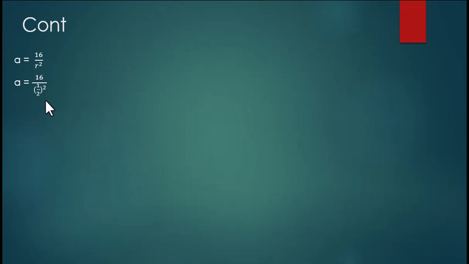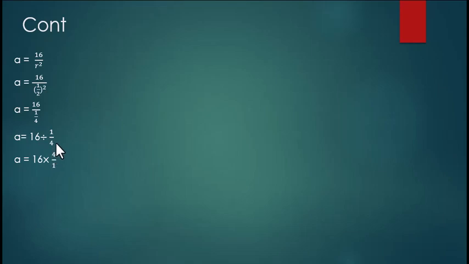So when we work out this, we're going to have 16 divided by 1 over 4. So 1 times 1 is 1, then 2 multiplied by 2 is 4. This is how we're getting 1 over 4. Then 16 divided by 1 over 4: we change the sign, so the denominator comes up and the numerator goes down.